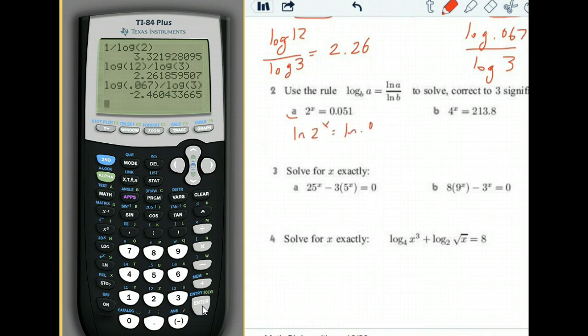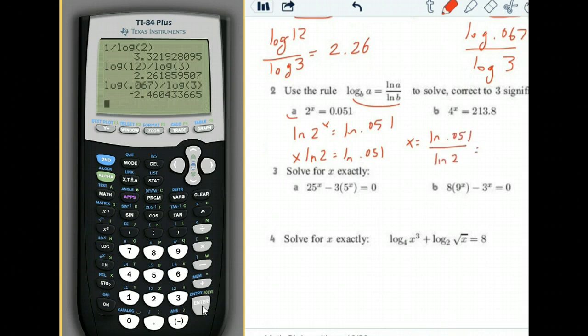Natural log of 0.051, and then we're going to put the x out front, right? You can go right to this rule, and you don't need to go through all this, but sometimes it helps to understand where it came from.